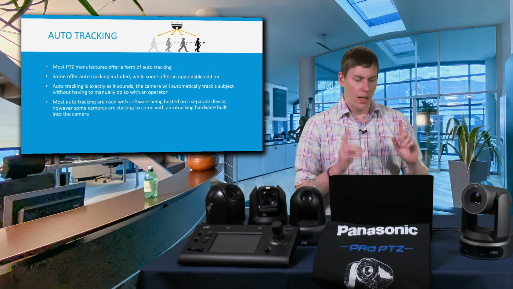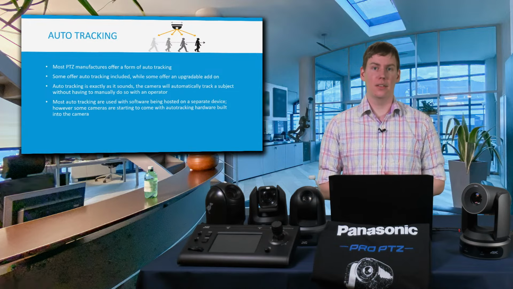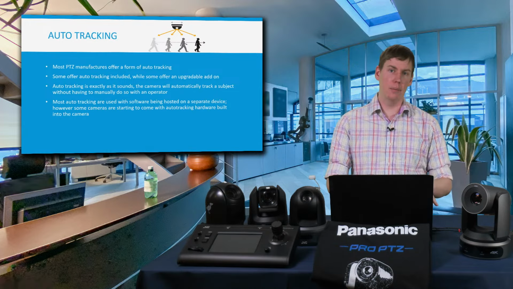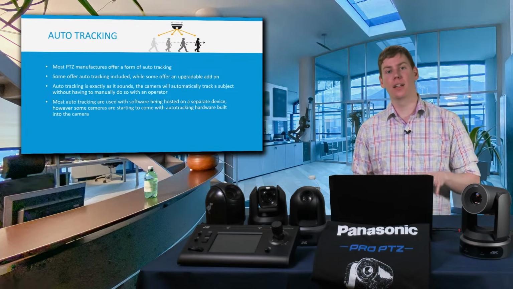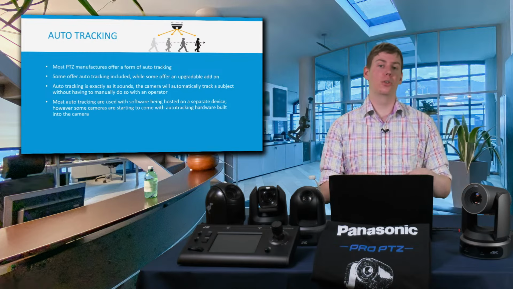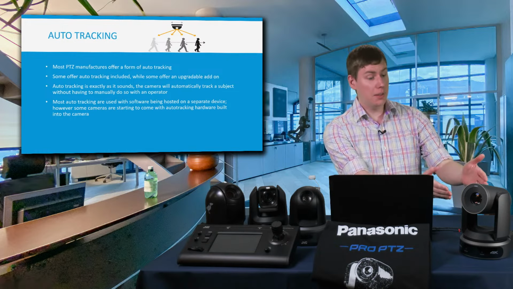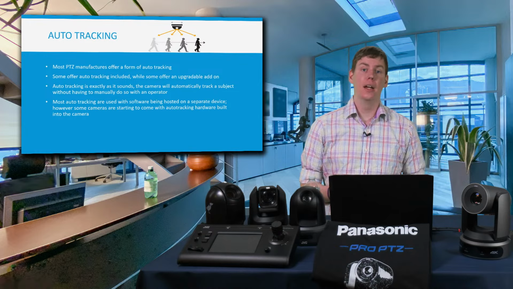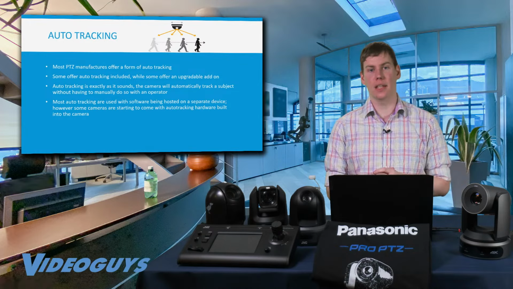So, last thing that I wanted to mention about this, and we'll talk about it when we get to this camera: most cameras use software that is being hosted on a separate device in order to do the auto tracking. However, some cameras, like the PTZOptics Move 4K, are actually hardware, and the auto tracking is built directly into the camera.